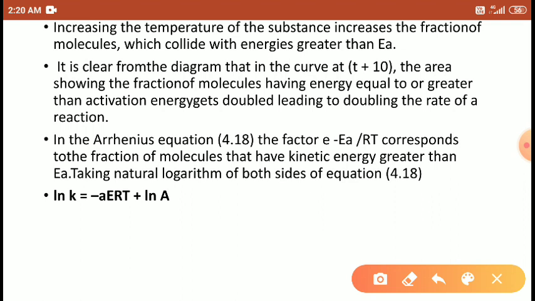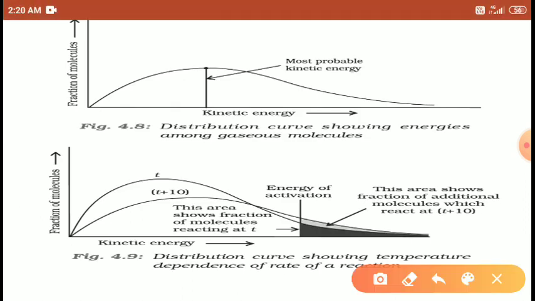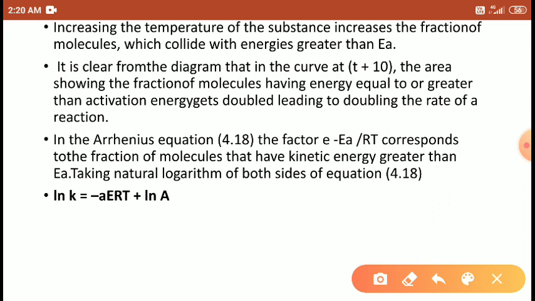So Arrhenius has given the factor for this graph. For this graph he gave the equation, students, equation 4.8. The e to the power minus Ea by RT corresponds to the fraction of molecules with that kinetic energy. ln k is equal to minus Ea by RT plus ln A. Sorry, students, it is Ea like this.